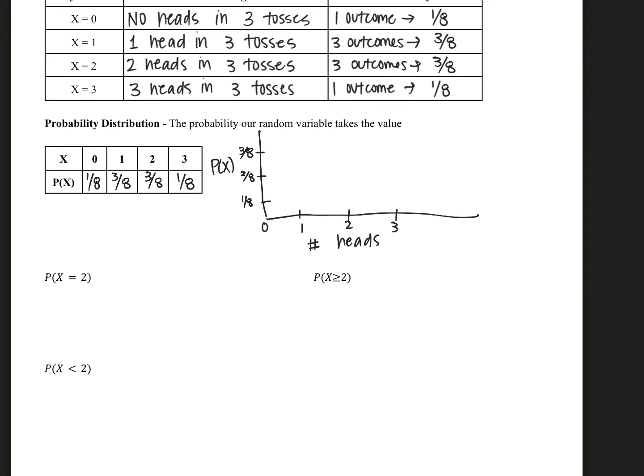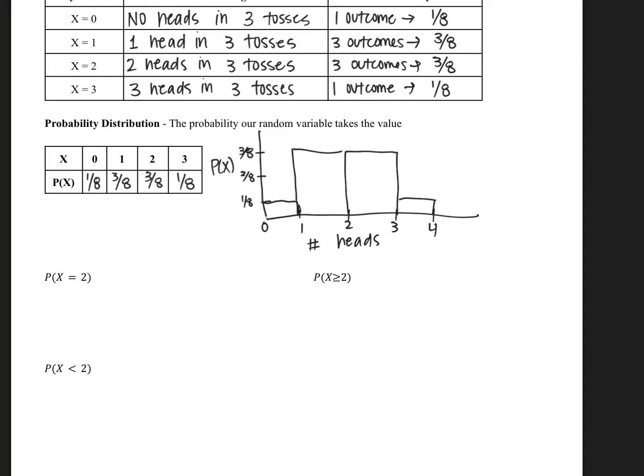So 1/8, 0 to 1, there's 1/8, 1 to 2, 3/8, 2 to 3. Technically this is 3 to 4. So it is a histogram. A probability distribution, remember, does follow a histogram.